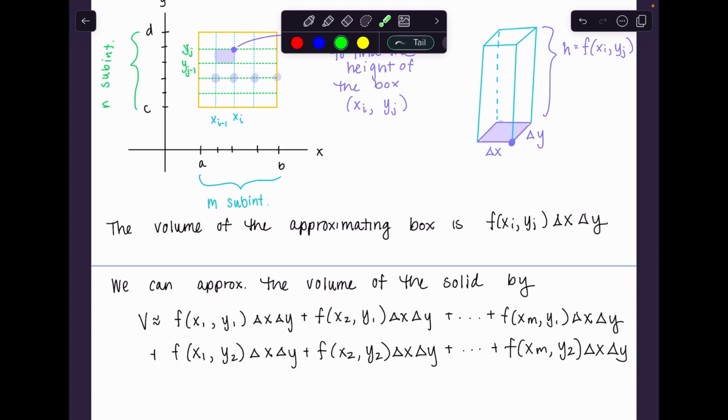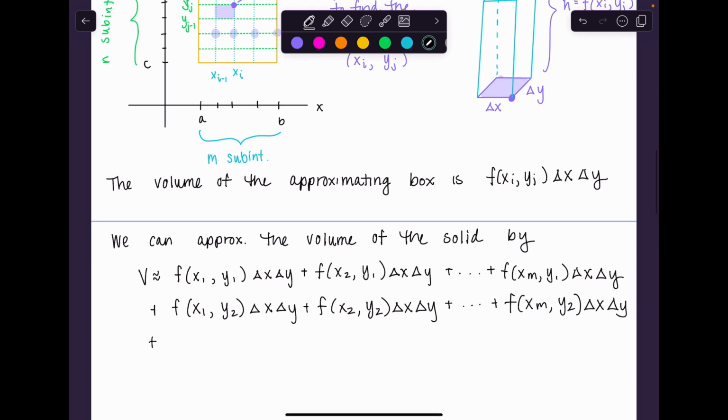Okay. So I have to keep doing this until I hit my very last row. So I'm just going to do dot, dot, dots. And then we run through all the same x possibilities with the very last y value, which is yn.